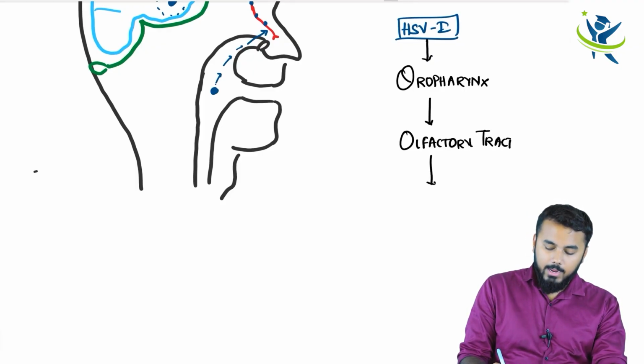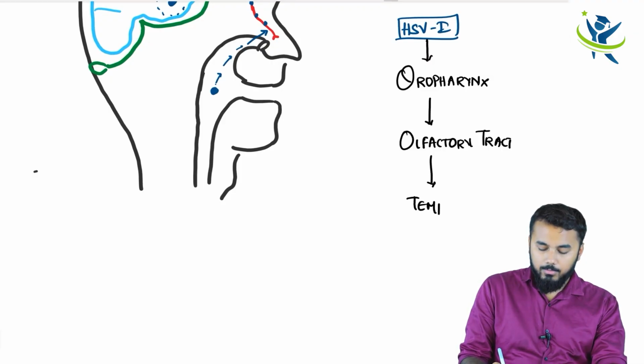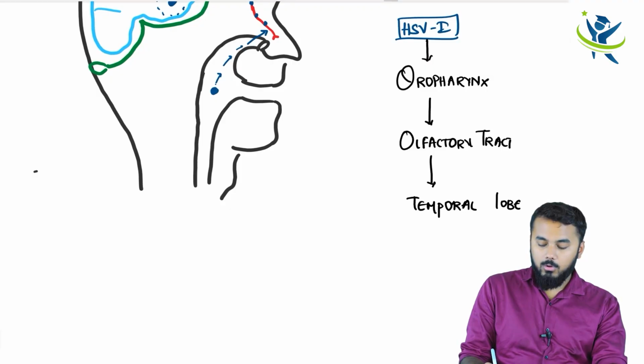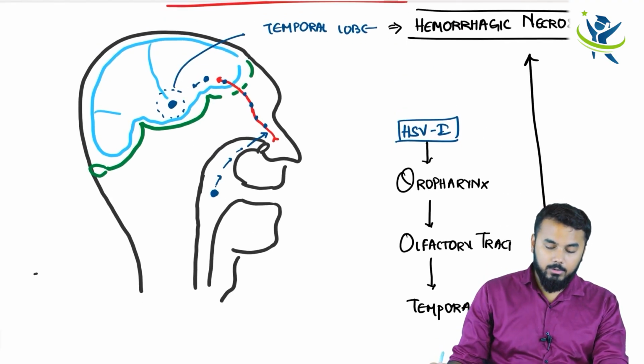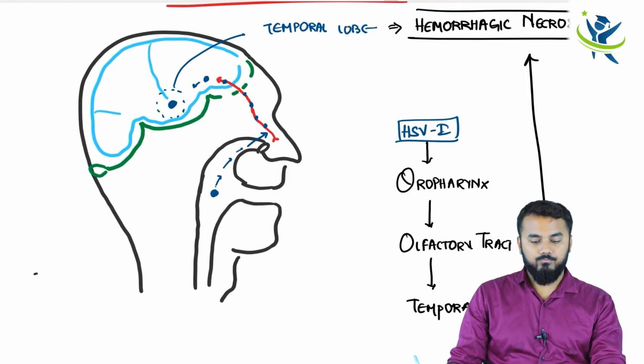From the olfactory tract it would move to the temporal lobe. And in the temporal lobe, this is going to cause hemorrhagic necrosis.